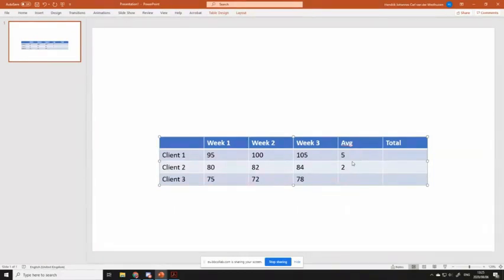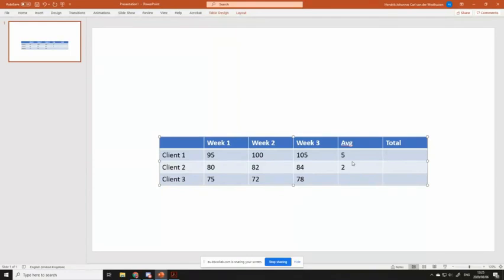You say 3, 1.5, 1. Okay, so let's leave that one out for now, and we'll come back to this one. Now, let's look at total weight gained.